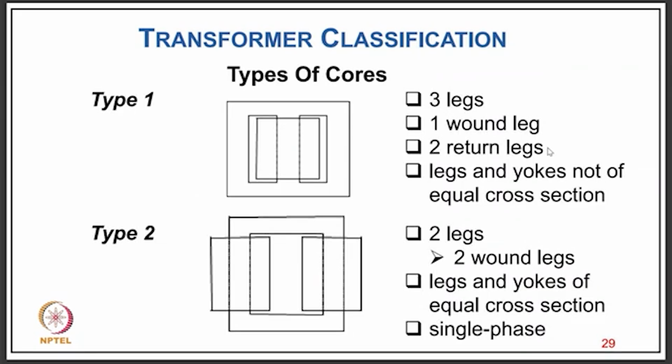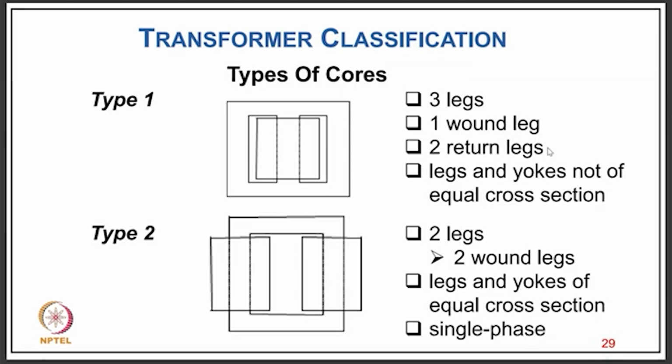If you look into the types of single phase transformer, here you have the shell type of transformer, with 3 legs, 1 wound and 2 return legs. The yokes are not of equal construction because of the different flux density you can maintain, but the flux will of course be half in the yoke as well as the side limb.